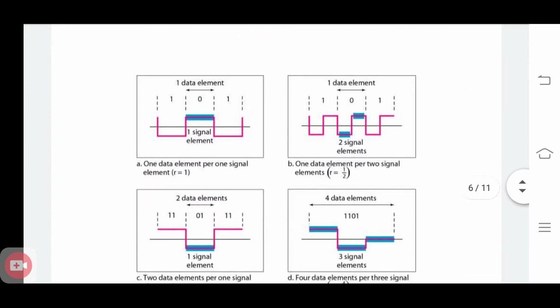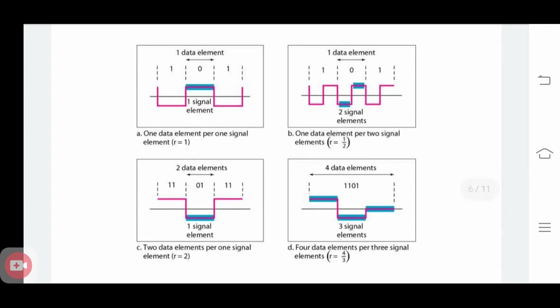So here in the figure you can see our data is 101, right? So by using signal representations you can see one data element per one signal element.